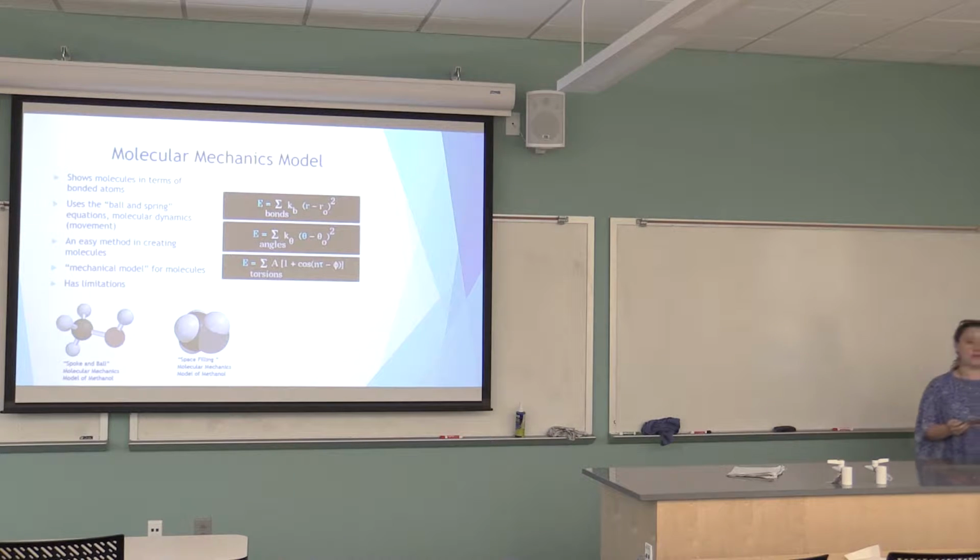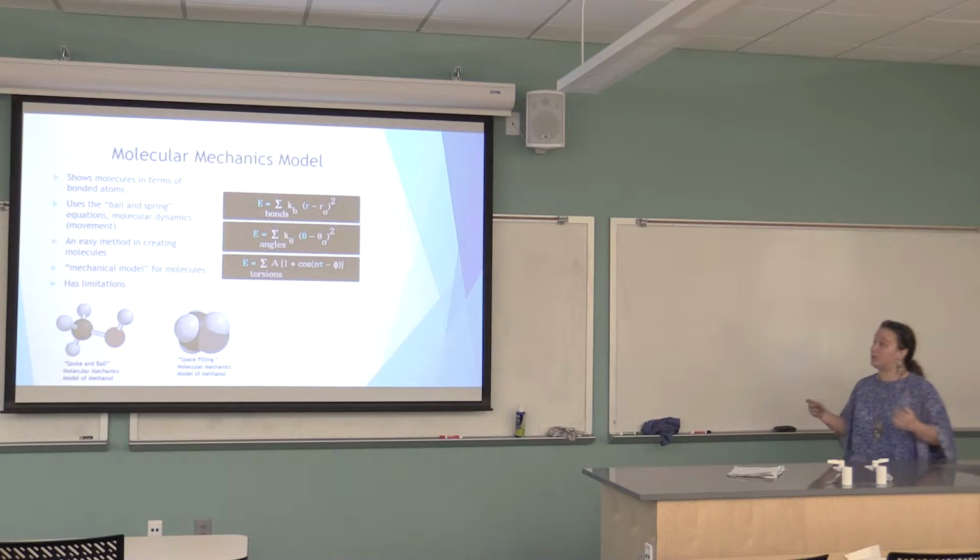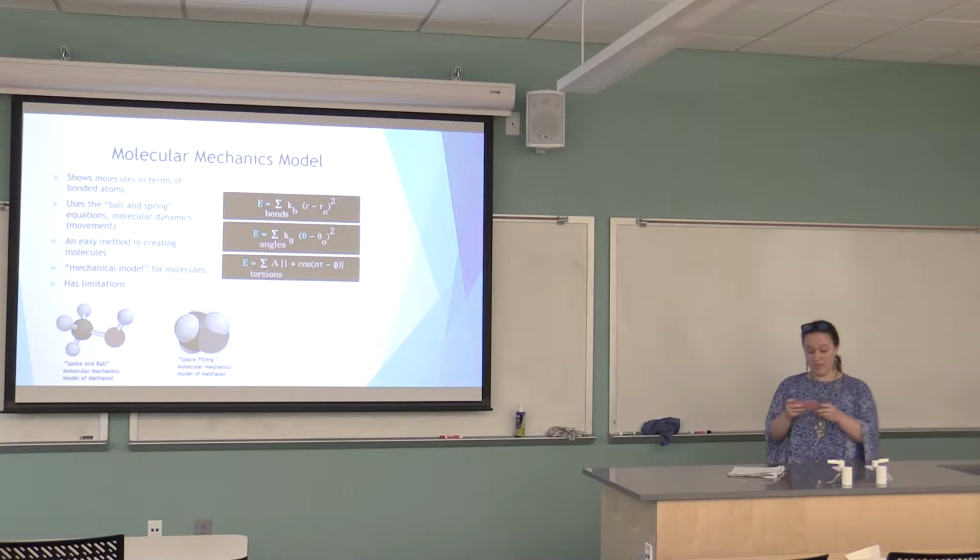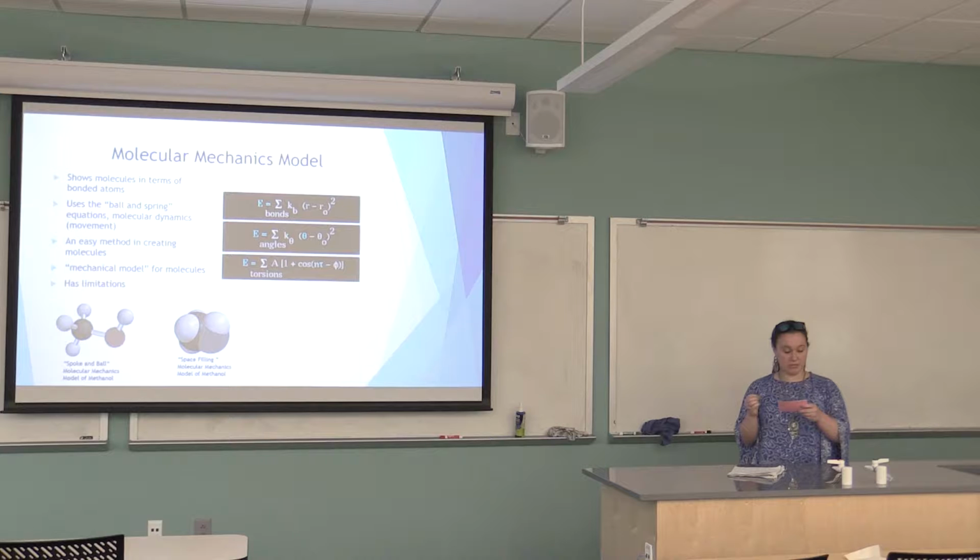It basically shows molecules in terms of bonded atoms. This model focuses on the geometrical parameters from one molecule to another and the mixing of atomic orbitals to accurately estimate bond lengths and angles.